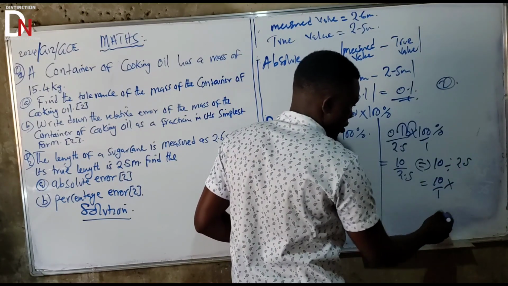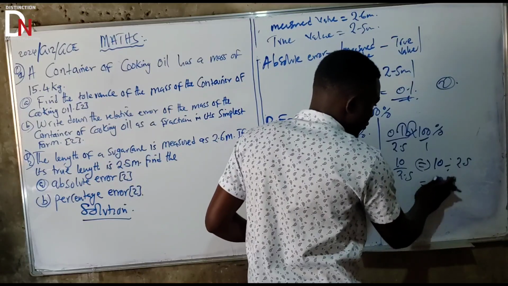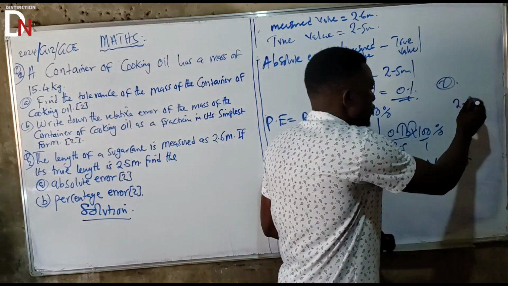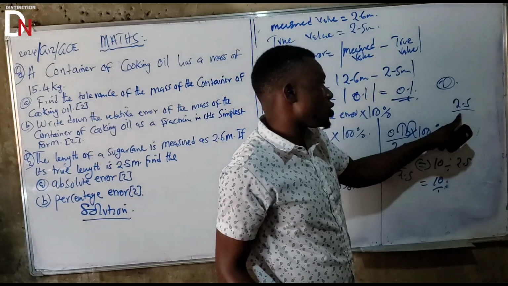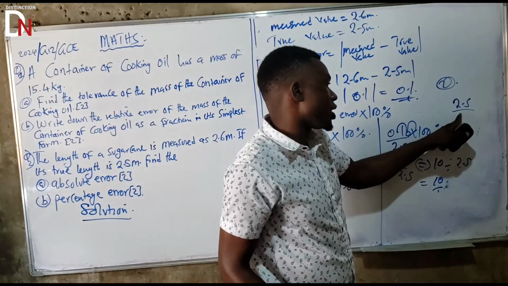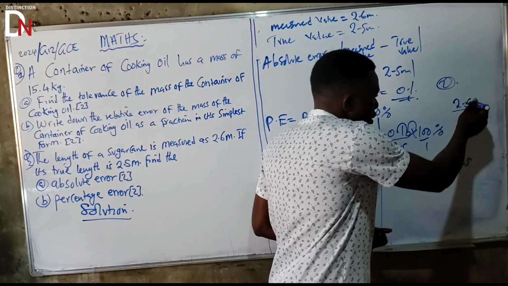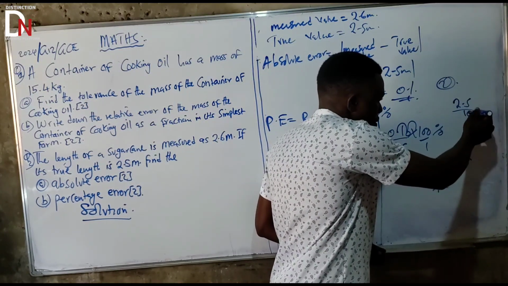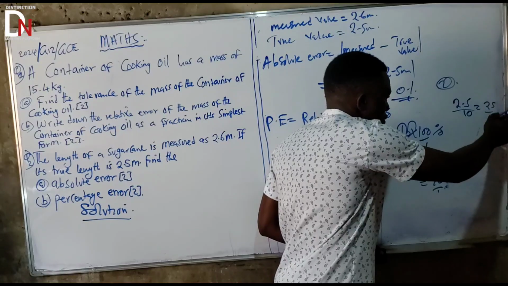Now, if this is 2.5, you want to change it to a fraction, which can be proper or improper. So there is a point, you are supposed to put 1, and for whatever decimal place put 0. This becomes 25 out of 10.